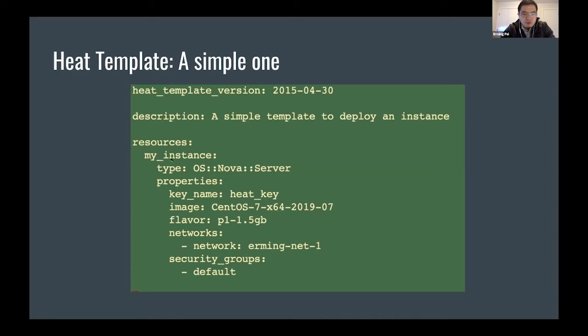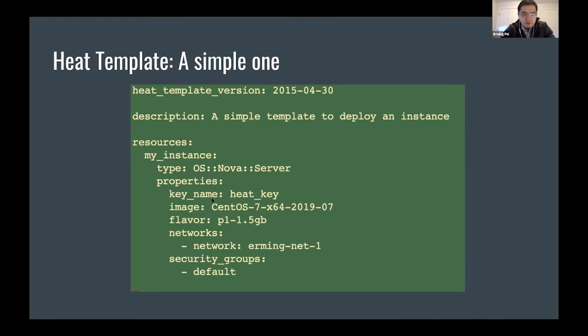So in the resource part, we give a name called my_instance, and the resource type is called OS::Nova::Server, and it has some properties like a key name.